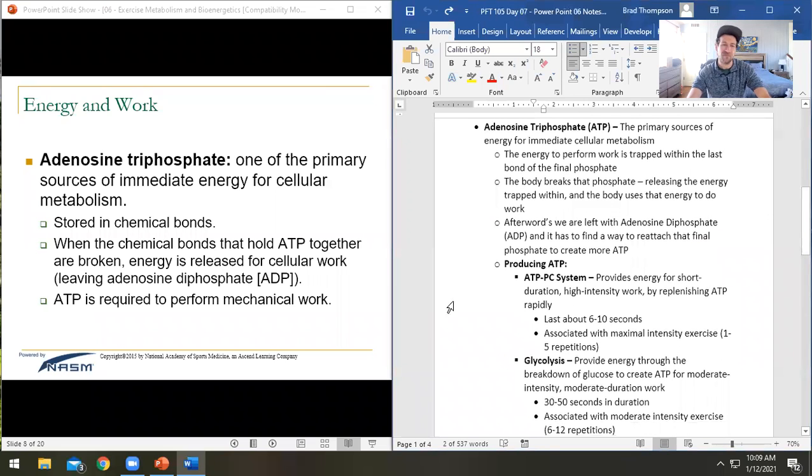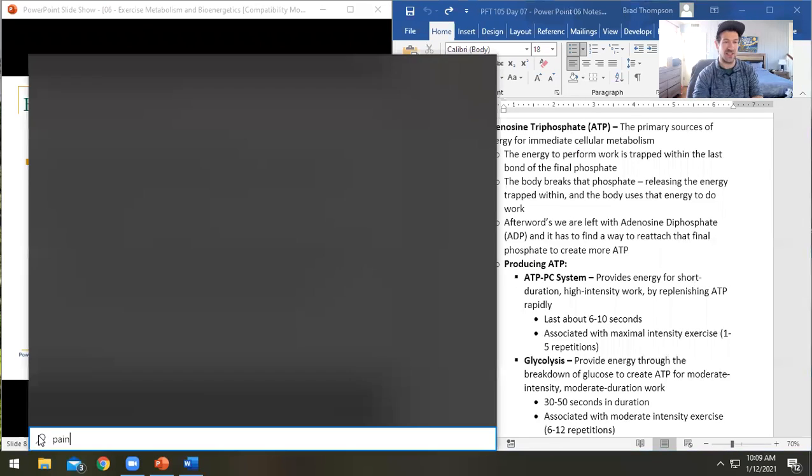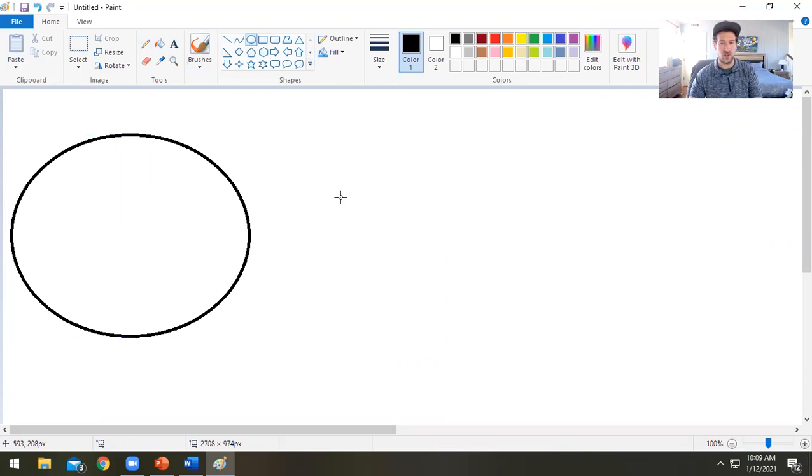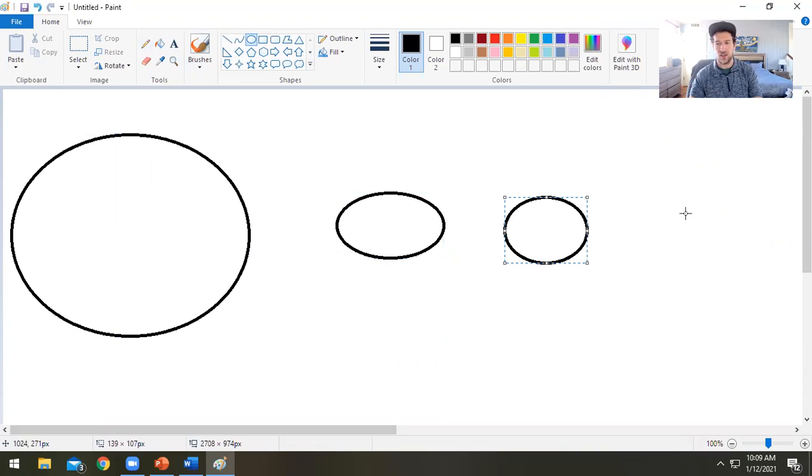So all right, let's go ahead and look at energy and work. ATP, adenosine triphosphate, is our primary source of immediate energy to keep our cells alive. So it's the primary source of cellular metabolism. Basically, we store all that energy in chemical bonds. When we look at ATP, it is a big adenosine molecule and three little phosphates.